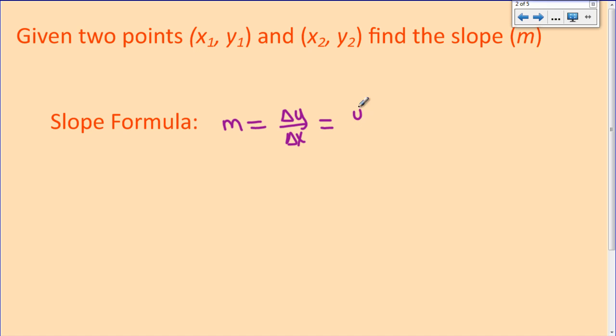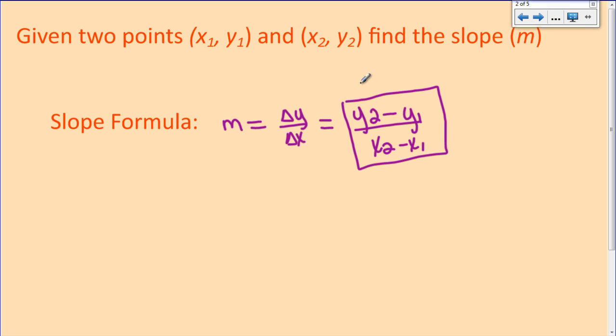So the slope formula is going to be y2 minus y1, so I'm subtracting my two y values, over x2 minus x1, so I'm subtracting my two x values. We do it backwards because that's just how it works. Okay, it's always the second one minus the first one, but it's still the change in y over change in x. So this part right here is what you need to know to find the slope given 2 points.